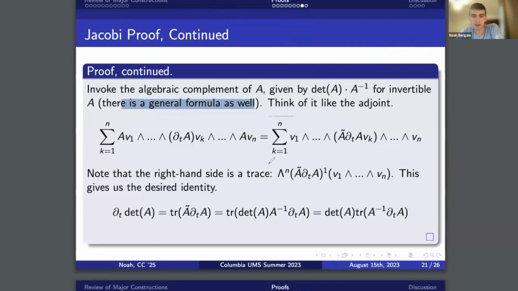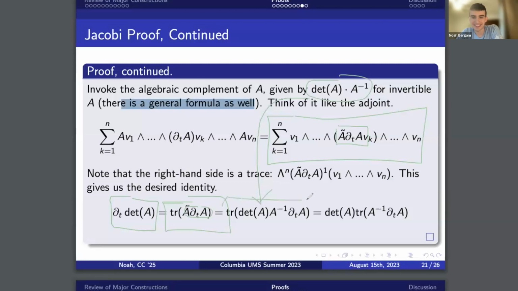So now we've expressed it as a trace type thing, which is great, right? Because now we're just summing over the application of this operator on each of the V's. So that's exactly what we want if you look at things carefully, because this operator is equal to the trace of this, and then you apply this, and then you get this.